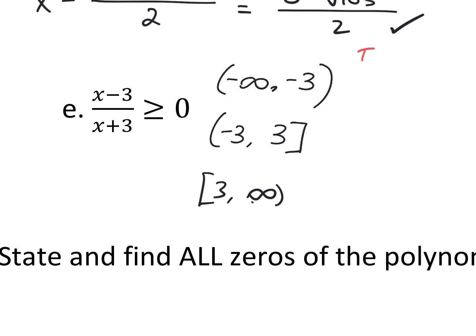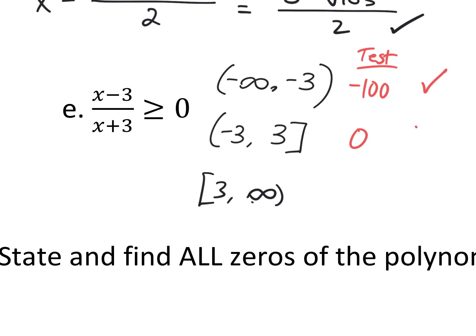So we're going to go ahead and test just like we did on the last problem. I'm going to test a very large negative number, let's say -100. That's going to leave me with a negative divided by a negative. That's positive. That's what we're looking for. My next interval is -3 to +3. So let's just plug in 0 there. If I were to plug in 0, I would be left with -1.